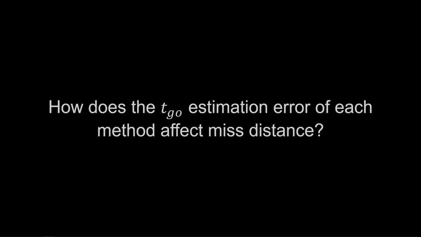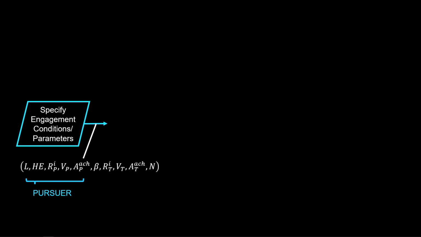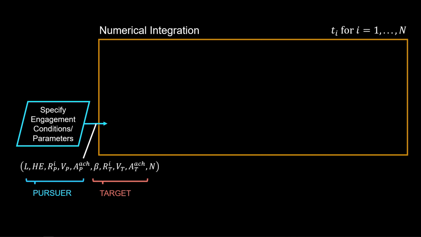To start, we specify the engagement condition or parameters. For the pursuer, its initial lead angle, heading error, pursuer position, pursuer velocity, and pursuer acceleration. For the target, its initial heading angle, position, velocity, and acceleration, and we also have the navigation gain n. Next, we enter the numerical integration routine.